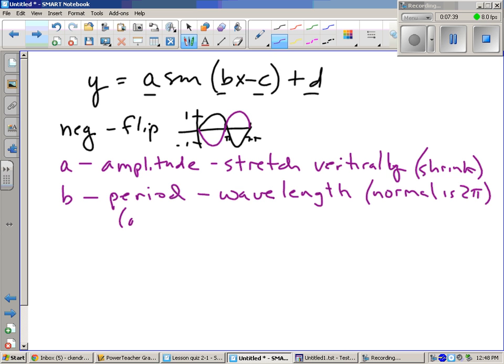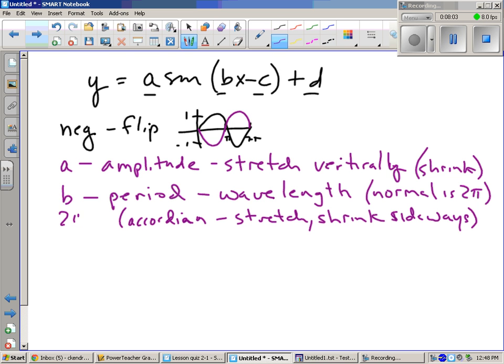Okay, so we could think of this as the accordion stretch or shrink, side to side or sideways or horizontally, however you want to say it. There's a little formula with this, and it's 2 pi, normal wavelength, divided by b, which will give us our new wavelength.